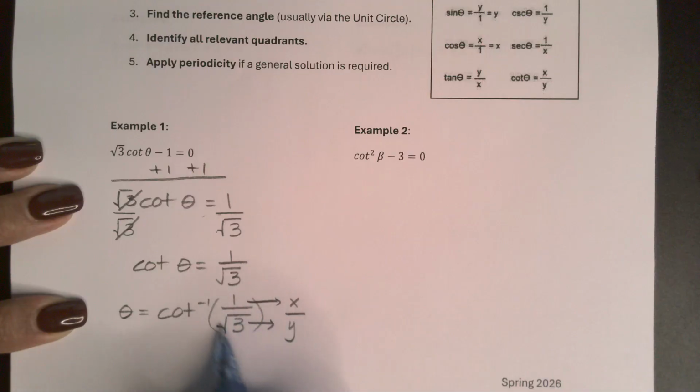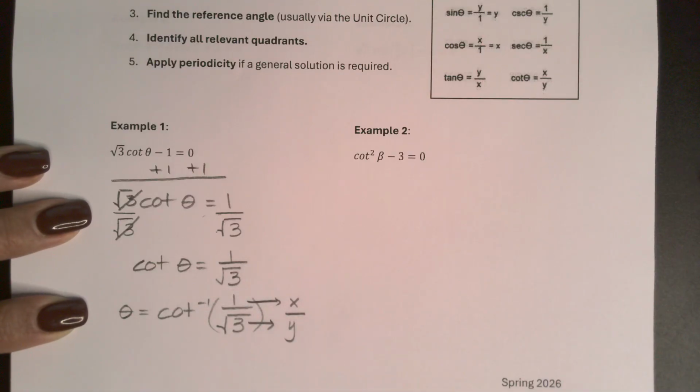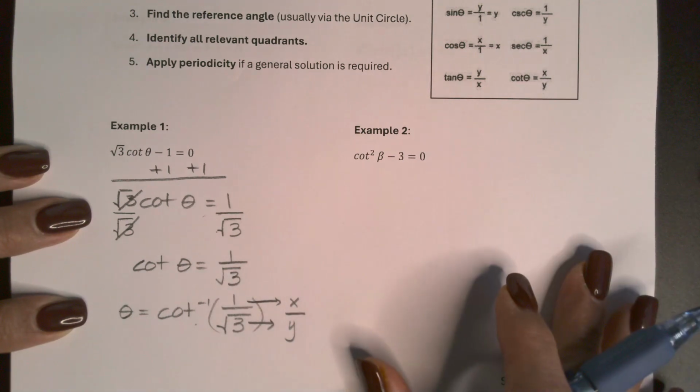So my quantity is a positive quantity, so I know that my final answer needs to be positive. And if you recall, when we're looking for angles that deal with cotangent or tangent, once you find one of the angles, you can use the slide rule to find the other one. And if you don't know what I'm talking about, I'll show you in a second.